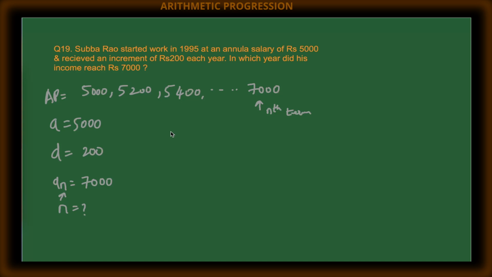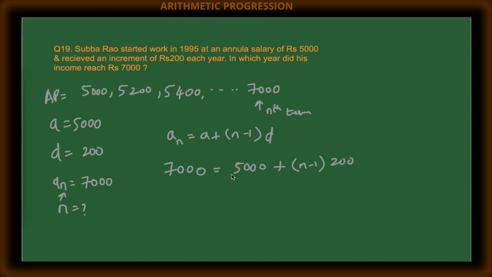Okay, so can we use this formula with these values? an is equal to a plus n minus 1 into d, where our n is to be found. an is given as 7000, is equal to a, which is 5000, plus n minus 1 into d. What is d? d is 200.